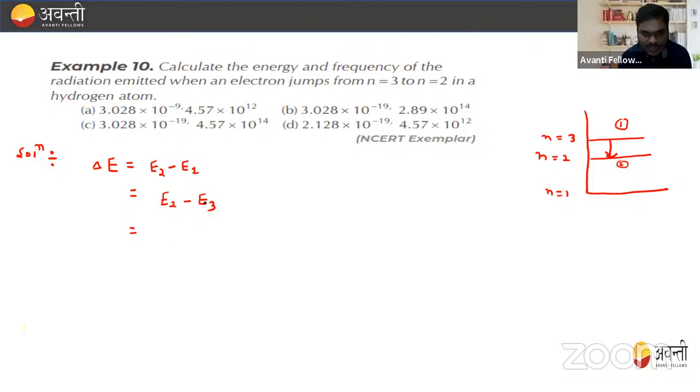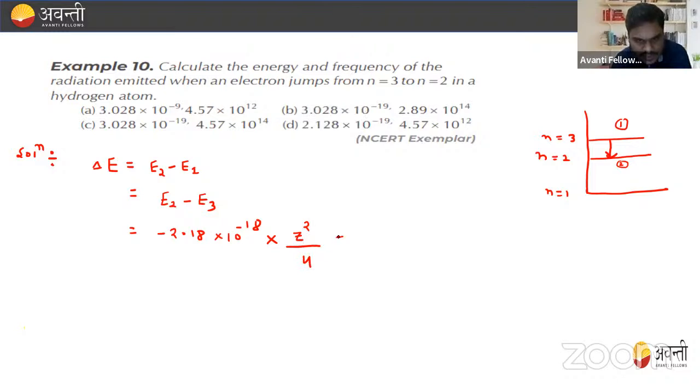If you want to calculate in joules, we can write it as minus 2.18 into 10 raised to the power minus 18, into Z square upon n square. What is Z here? Z is 1 for hydrogen. So n square for 2 is 2 into 2, which is 4.